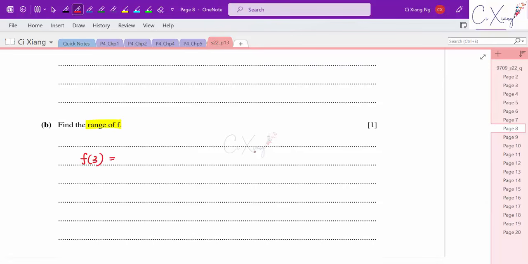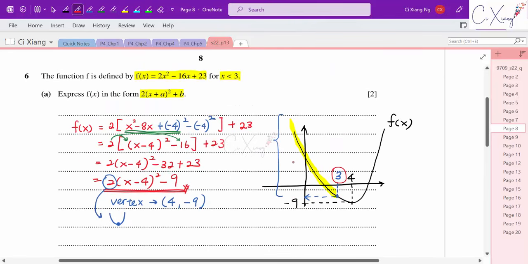For f(3), I will get 2 times 3 squared minus 16 times 3 plus 23. Or you can straight away substitute into the completed square form, that also works. If I simplify this value, I will have negative 7. Which means that if I go back to the diagram here, this particular value is negative 7.